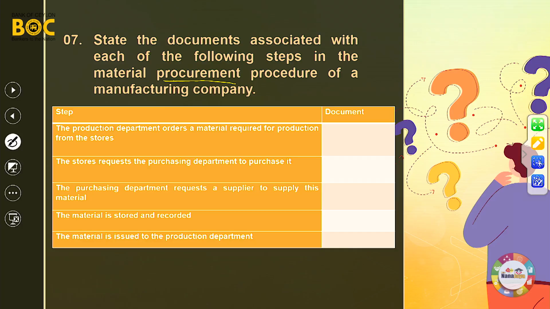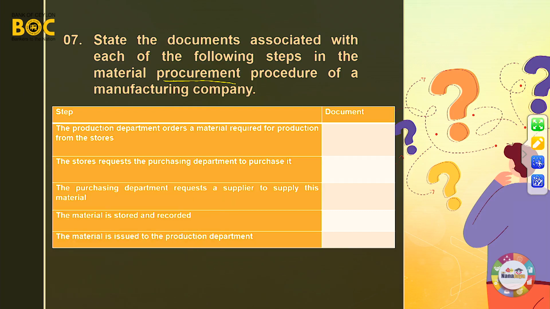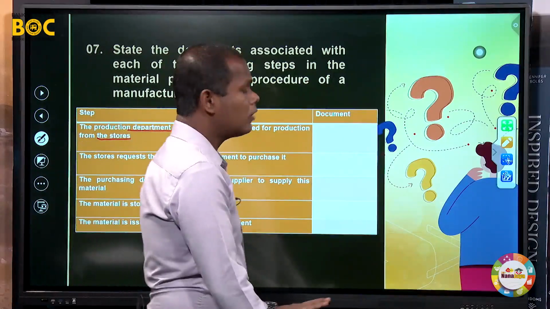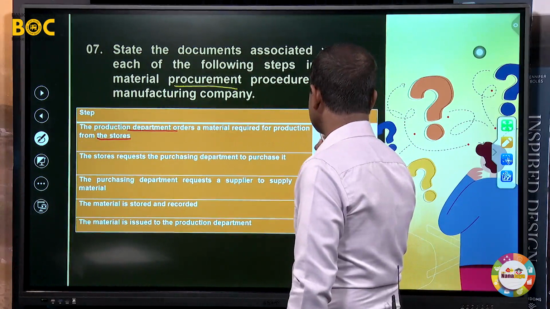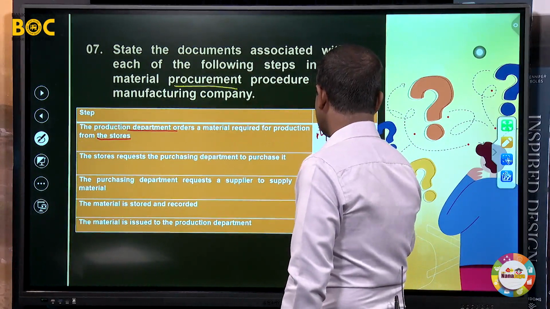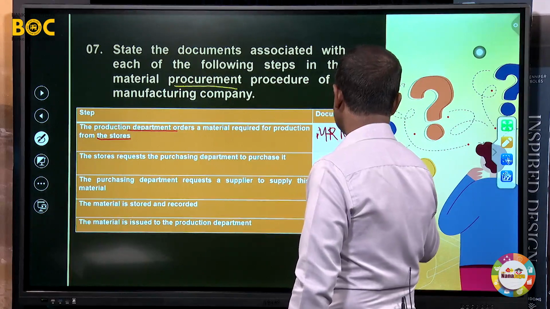So what are the documents used here? The production department orders. Who orders? The production department. From whom? From the stores. And there we use a document called the material requisition note, or stores requisition note.